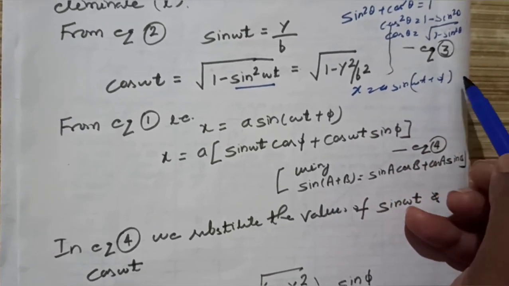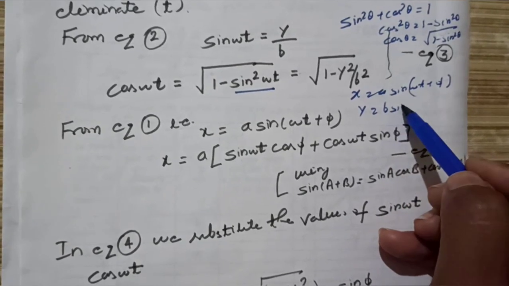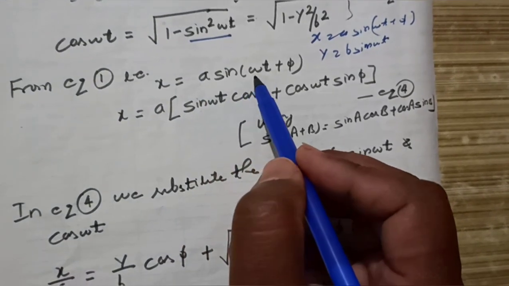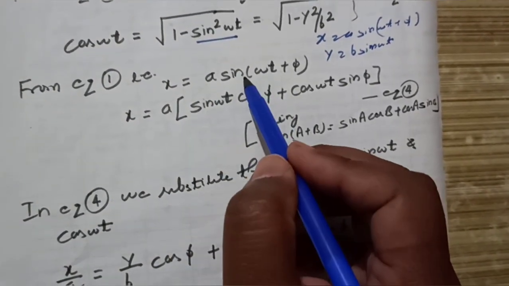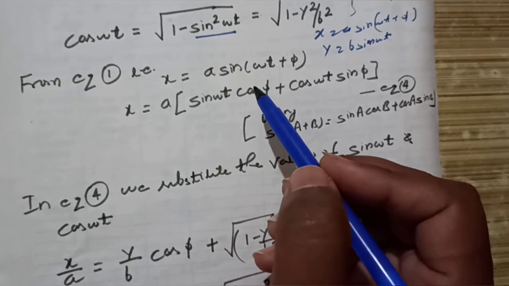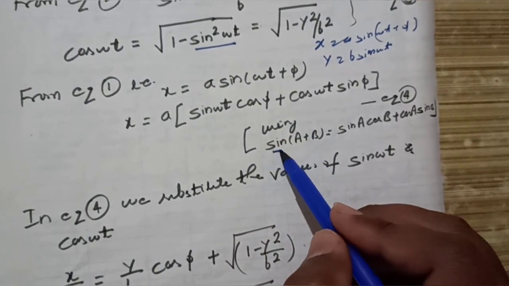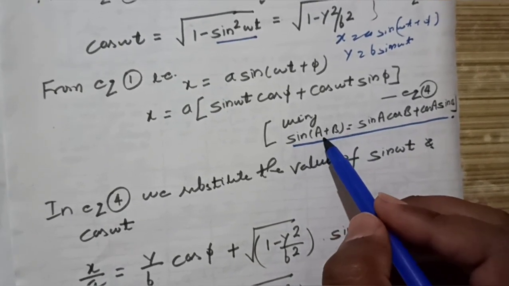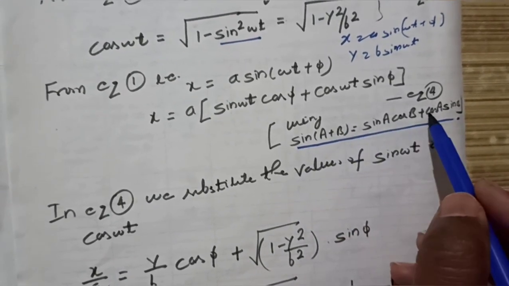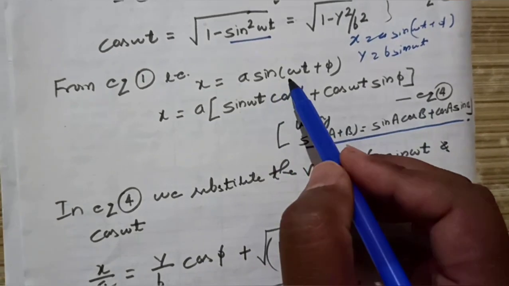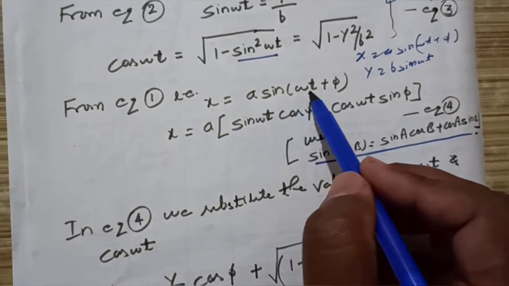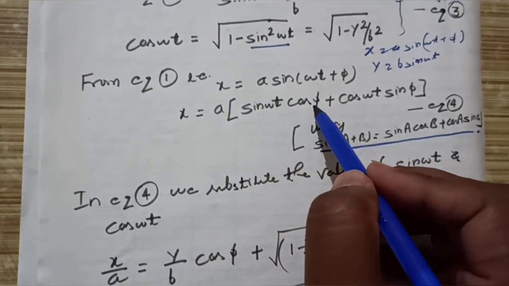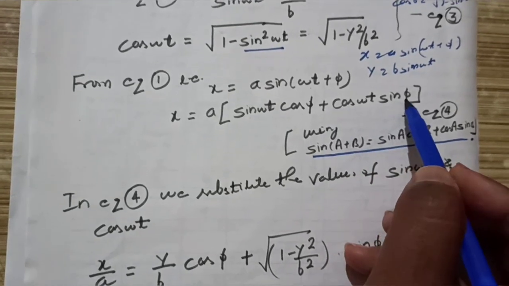This was along the x-axis and the other was along the y-axis. Now if we use the sine a plus b formula, sin a cos b plus cos a sin b, we can have x equals a times sin omega t cos phi plus cos omega t sin phi.